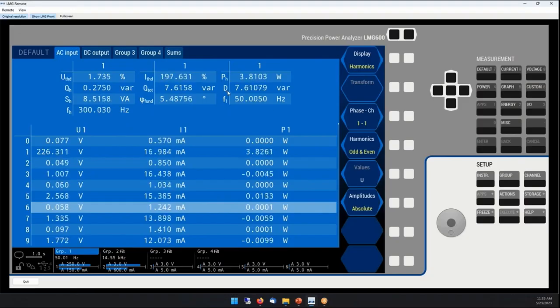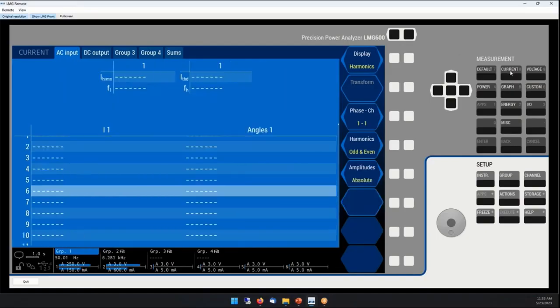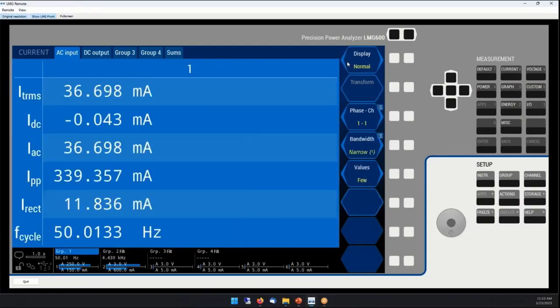I see the distortion power, the total harmonic distortion of the current, and several others. If I want now a more detailed picture of my current, I can go to the current menu. We'll switch back to the original view.